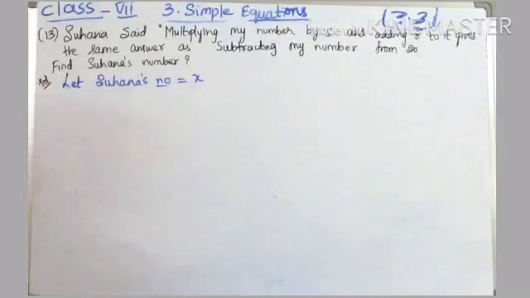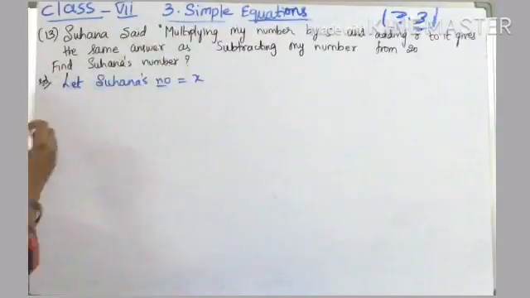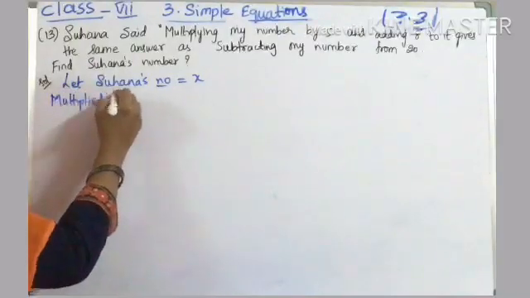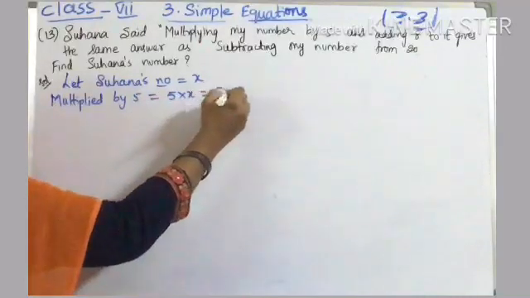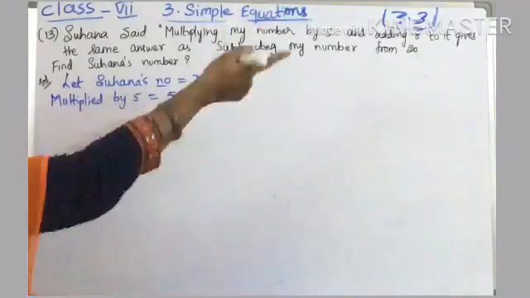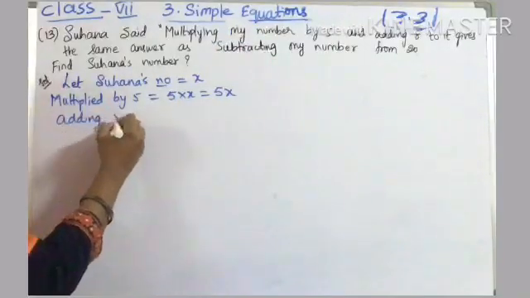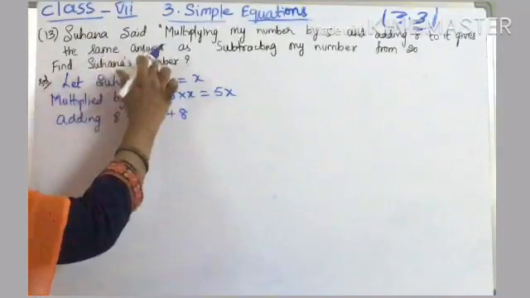Coming to the first sentence, Suhana said multiplying my number by 5. So multiplied by 5, what are you going to get? 5 into x, nothing but 5x. And adding 8, how much? 5x plus 8.